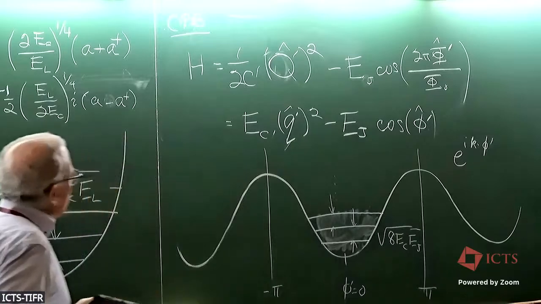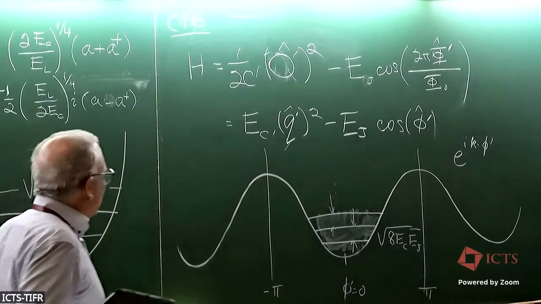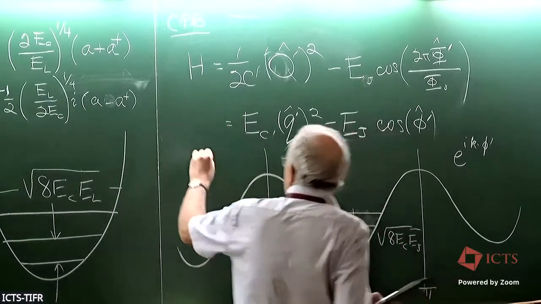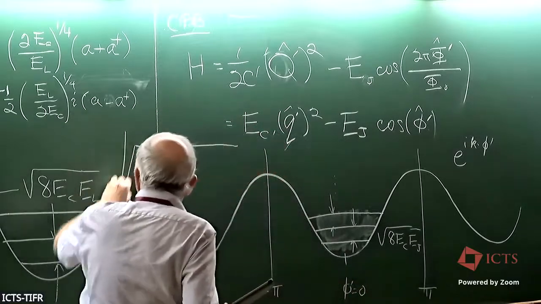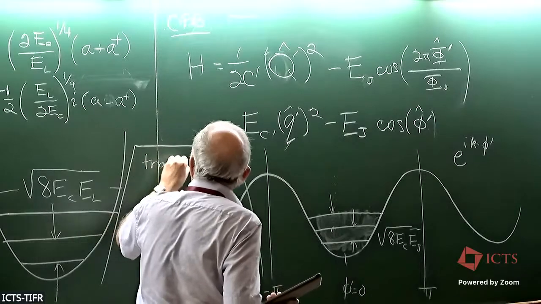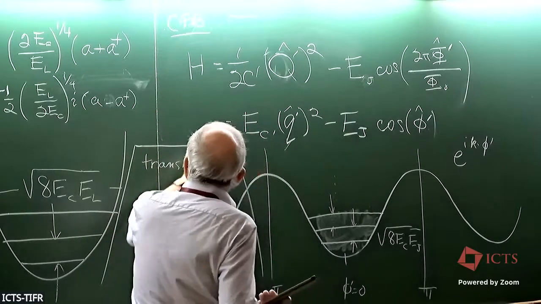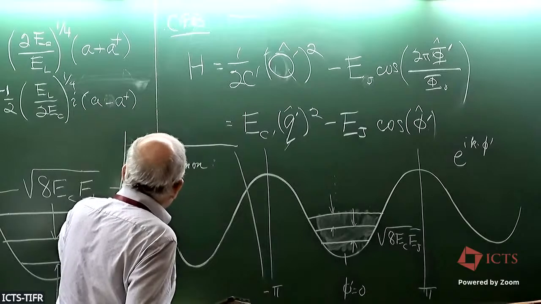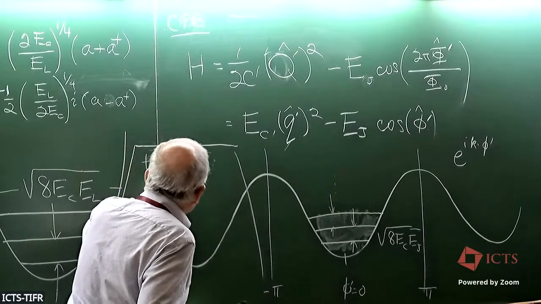The almost is already assuming a certain parameter value range, so I have to declare that immediately. So the transmon regime is Ej much larger than EC.